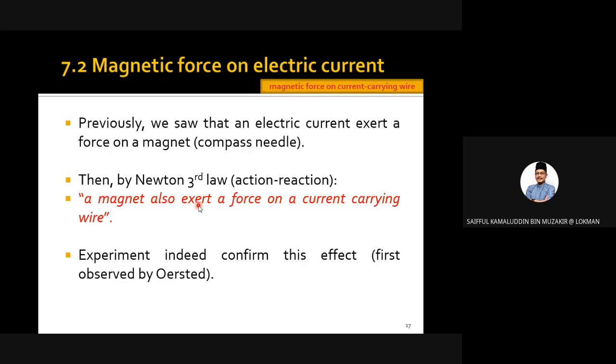I hope you still remember. We have first, second, and third. This is the third law. Whenever there is an action, there will be a reaction. Okay, ada tindak balas balik. So a magnet also exerts a force on a current carrying wire. So experiment indeed confirms this effect, first observed by Hans Christian Ørsted.